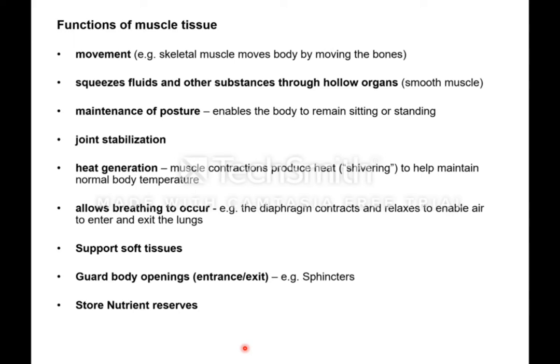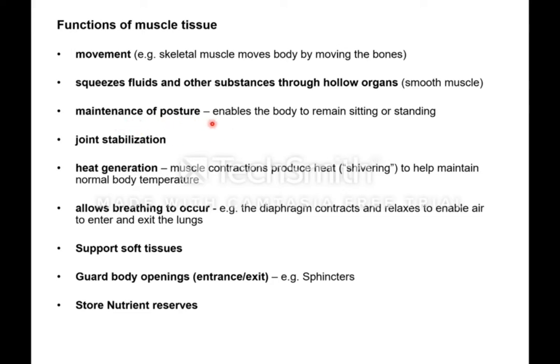Muscle tissue has different functions in the body, the most important of them being movement, such as skeletal muscle that moves the body by moving the bones, and smooth muscle that moves the wall of the hollow cavity. Squeezing fluids and other substances through hollow organs is a function of the smooth muscle that forms some sphincters in different organs.